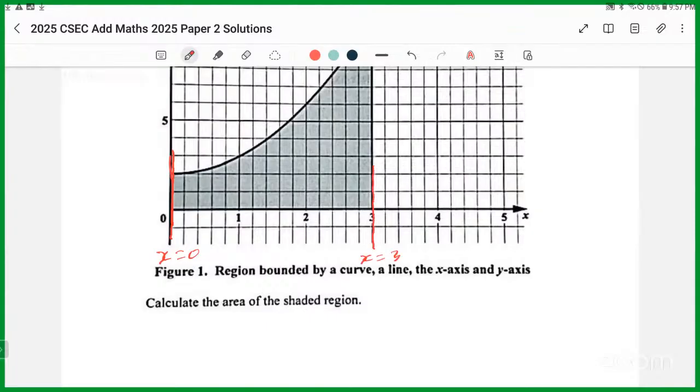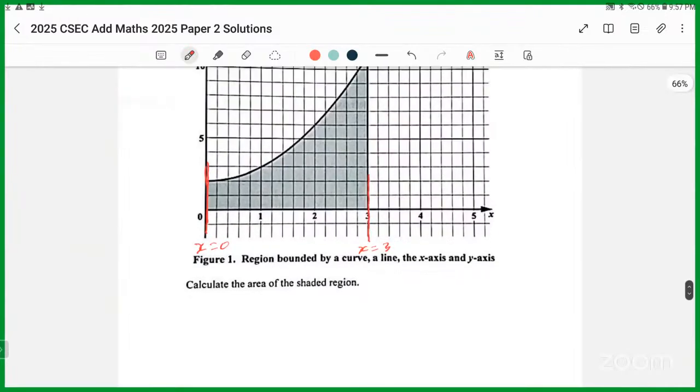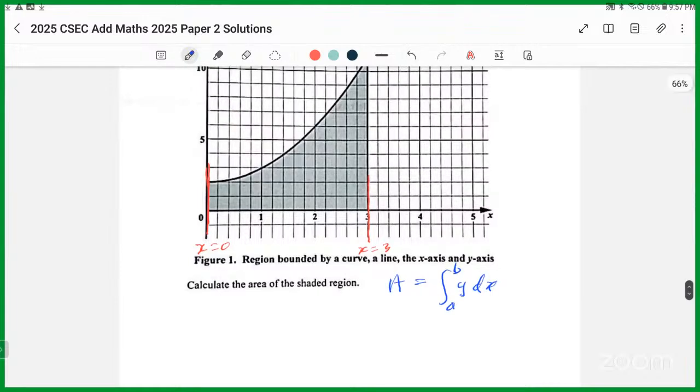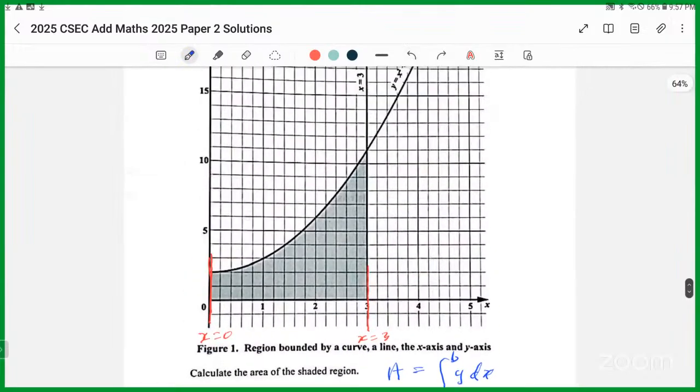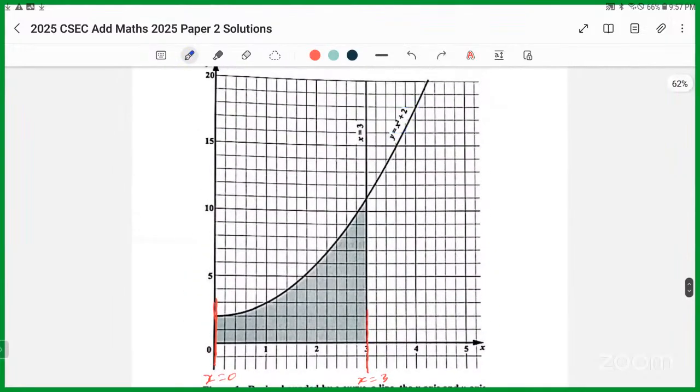This one says calculate the area. Remember, area is the integral of y dx, where y is the curve between the two limits. In this case, the limits are 0 and 3, and the curve y is x squared plus 2.